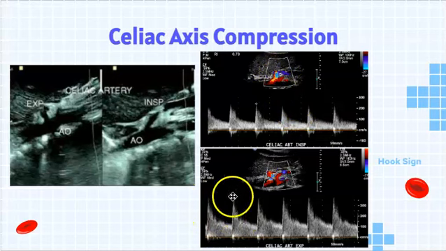We have that stenotic waveform and we have our high velocity. However, when the patient breathes in or does inspiration, that velocity and that waveform are going to go back to normal. So here we have more of our normal celiac axis waveform.